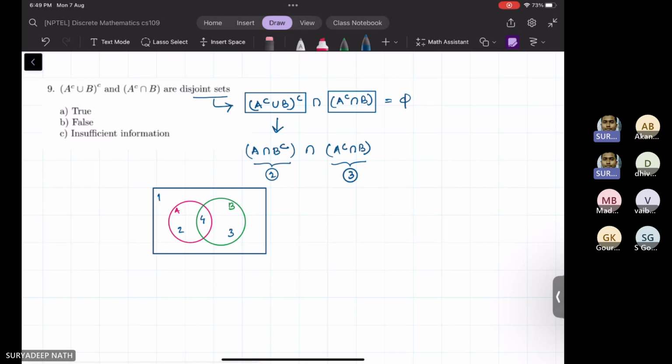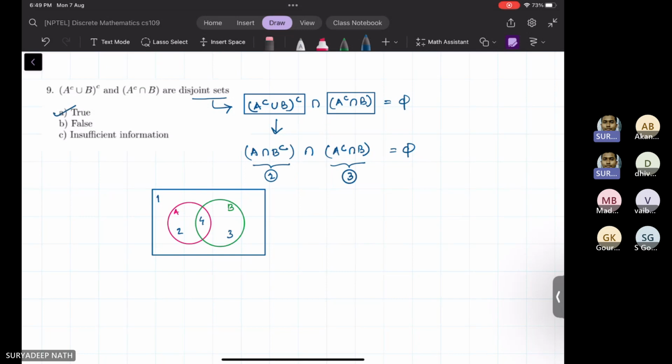So you can see that 2 and 3 are disjoint sets, and therefore their intersection is equal to the null set. So the answer to this question is true, that (A complement union B) whole complement and A complement intersection B are disjoint sets.